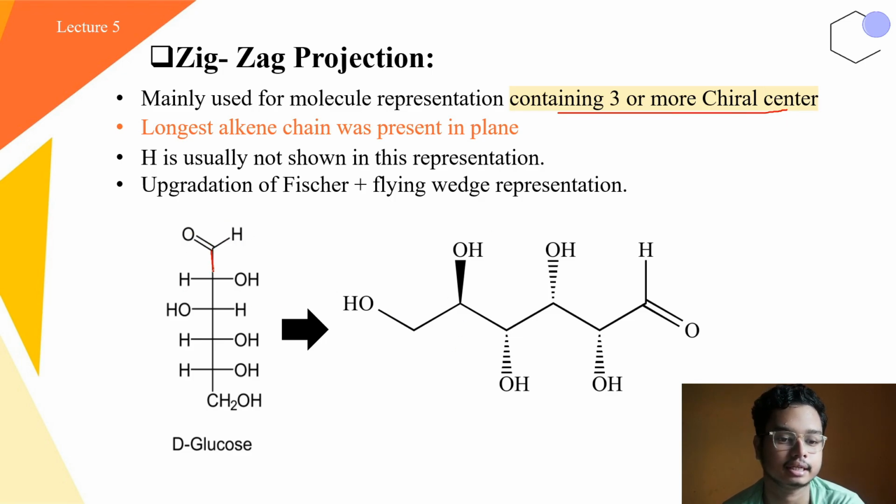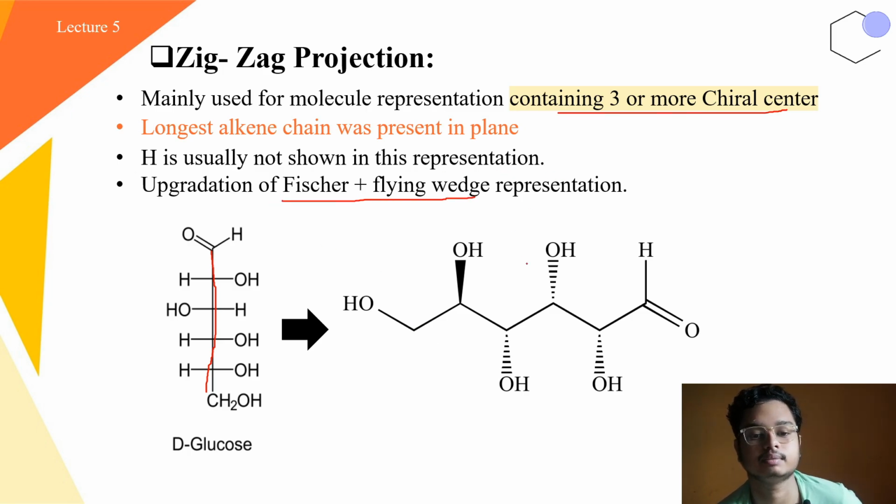Here the longest alkane chain is the vertical bond, so it will be in the plane, and in this representation hydrogen is usually not shown. It is an upgrade of the Fischer and flying wedge representations. So it is represented like this. How to interconvert these we will discuss in our next class, not in this class. I just want to show the zigzag positioning something like this.